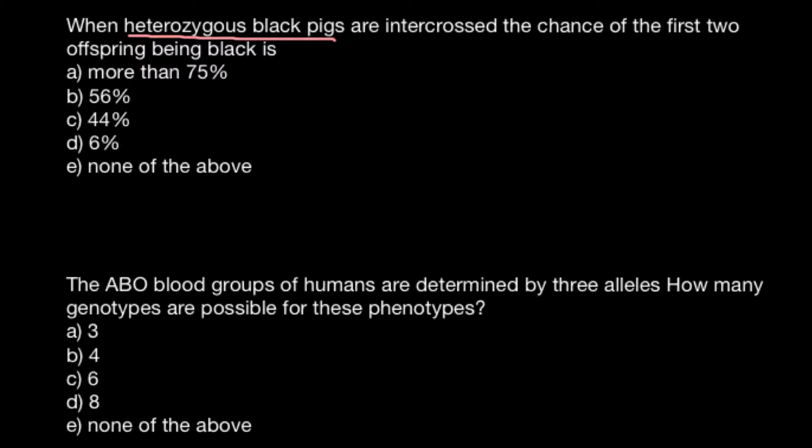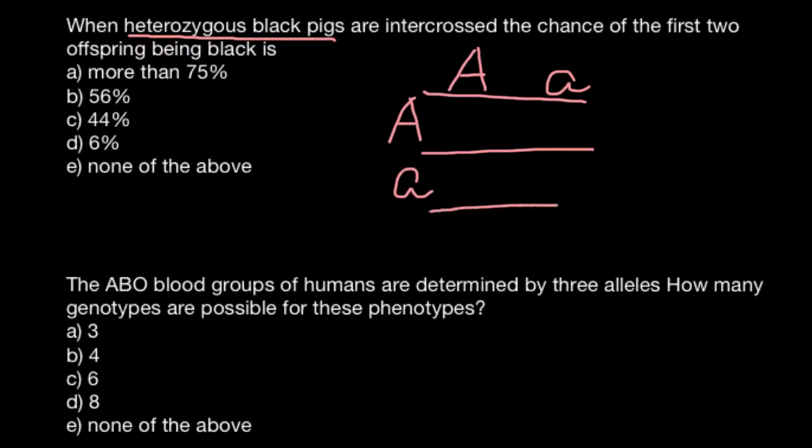For example, we can say that this would be capital A and small a, and this is going to be heterozygous, so we have to intercross two pigs that are heterozygous. So we put the same genotype here on the side, and now we build a Punnett square, and now we would be able to predict the outcome of such a cross.